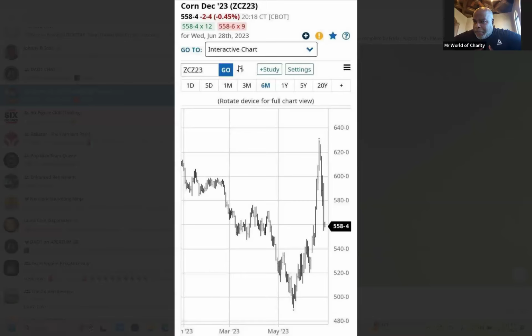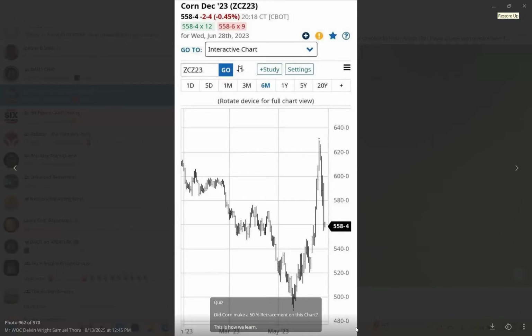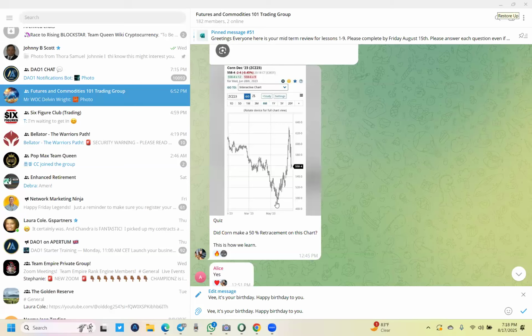Okay, so we have a formula that we use, right? Let's look at this real quick so we can jump into our training for the night. Thor, can you help us out? What's that lowest price? We can just go off the best price you can see because this is an old chart. About 490.